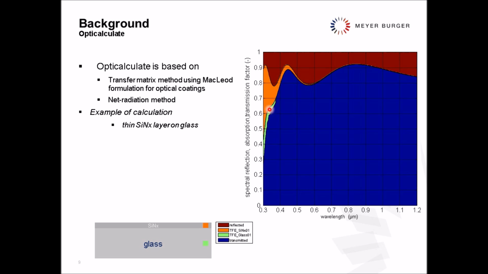Then a part will be absorbed in the glass, and all the rest will be transmitted, and we see that in blue. Here I depicted the same color on the structure itself. We see that this is made for a quite wide spectrum from 300 nanometer up to 1200 nanometer. And we see that the sum of transmission, absorption, and reflection will add up to 1.